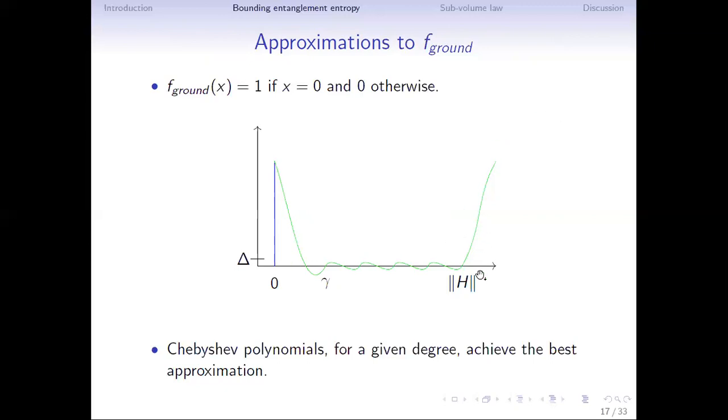Also, we don't care about anything beyond the largest eigenvalue of the Hamiltonian. What is well known is that the Chebyshev polynomials for a fixed degree achieve the smallest possible approximation of this kind.